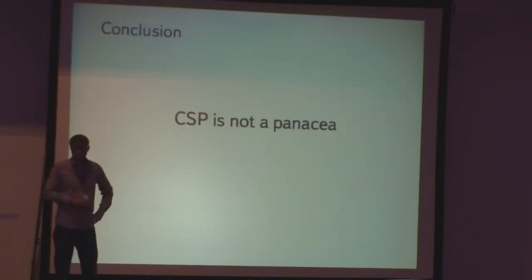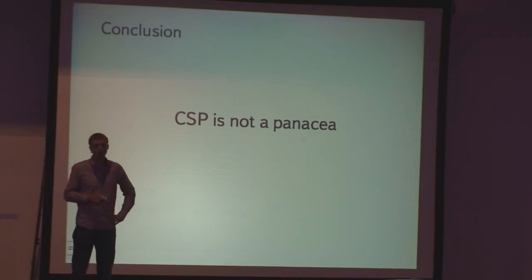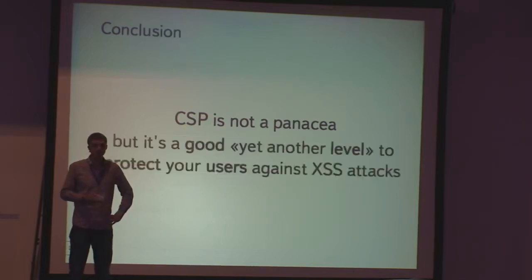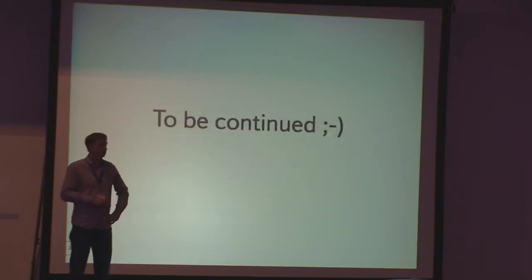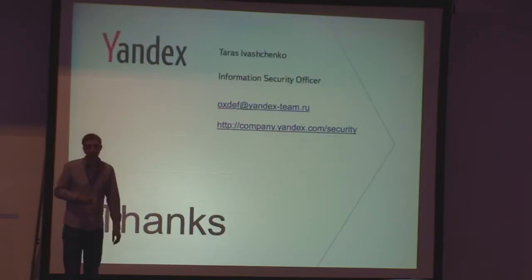In conclusion, of course, content security policy is not really a panacea for cross-site scripting attacks, but at the same time it's a good additional level to protect your users against them, and it will be great if you implement it. So, to be continued.